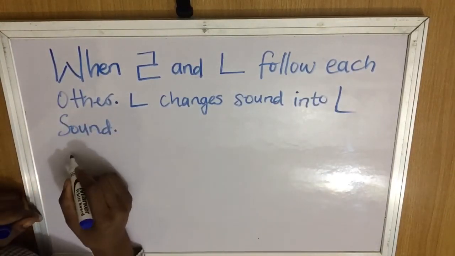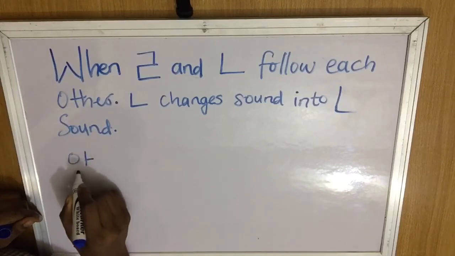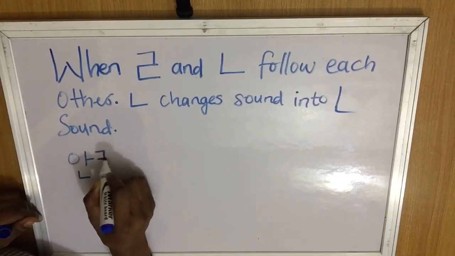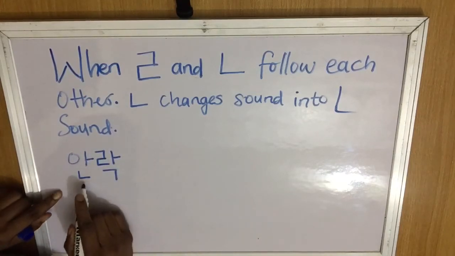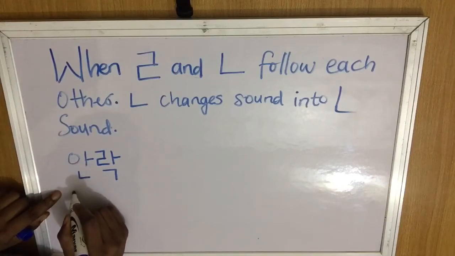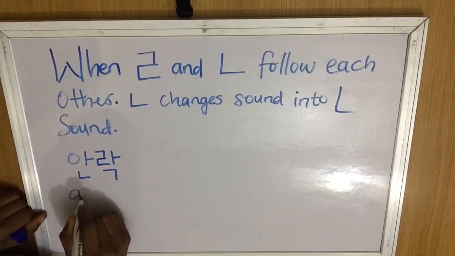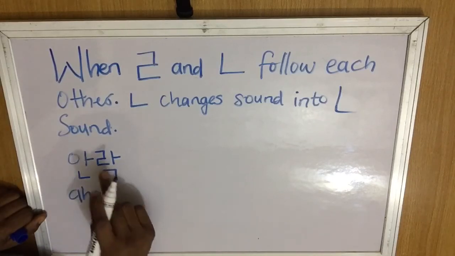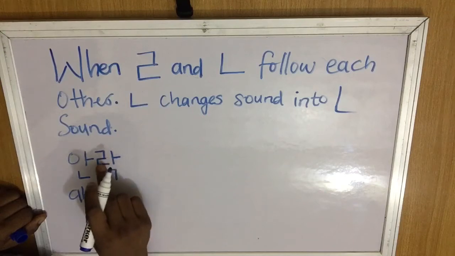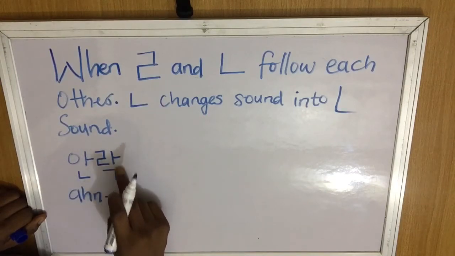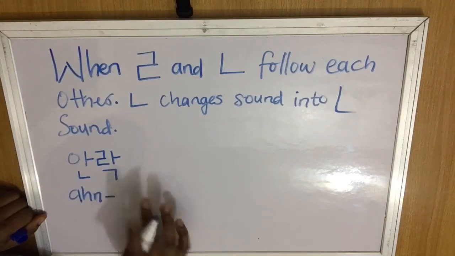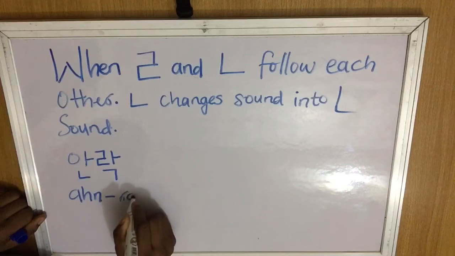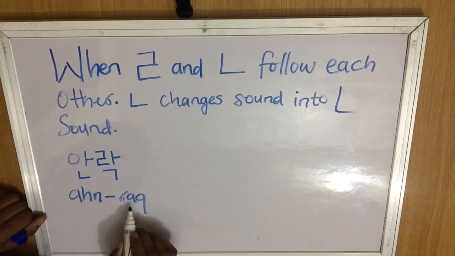For example, we have this. You guys can see what's written here is an N, then as you can see here, we have an R sound, and a G. So that's like Anrak.